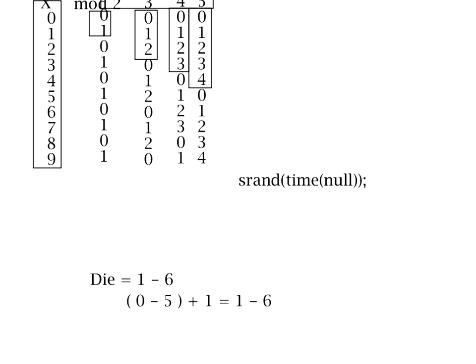So we mod it with 6. Why 6? Because modding a random number with 6 will give us a range from 0 through 5. And then we can take that randomly generated value, 0 through 5, and add 1 to it.